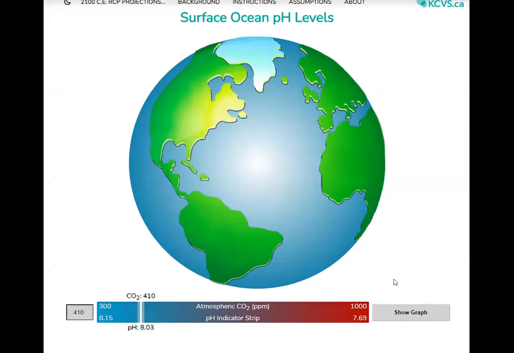But moving in the decimal range from 8.2 down to 8.1 is moving towards the acid range. So that's going down, which is becoming acidic. That's what acidification means, that the pH is lowering, very, very slightly though, in the decimal places of the powers of 10.